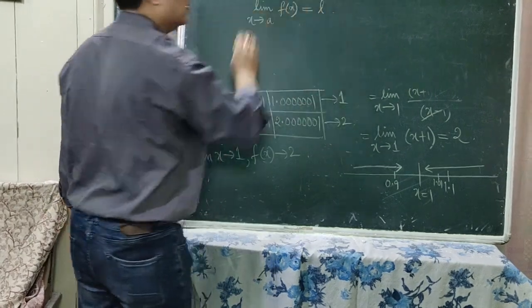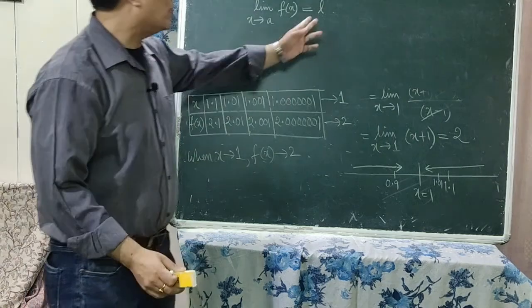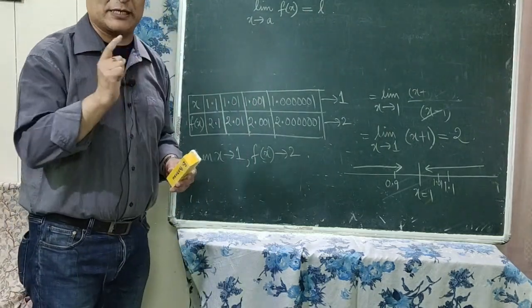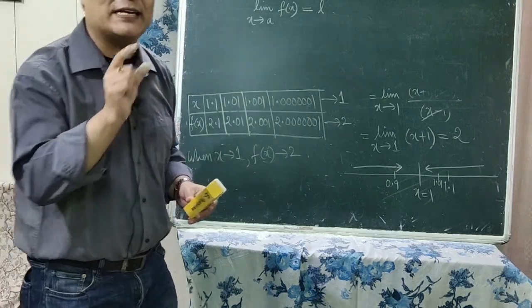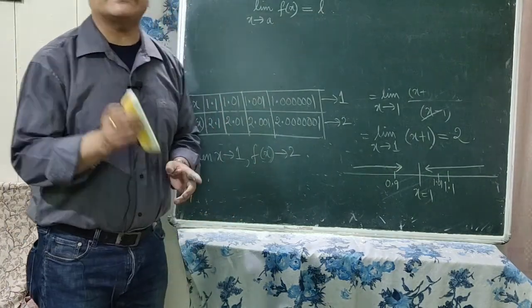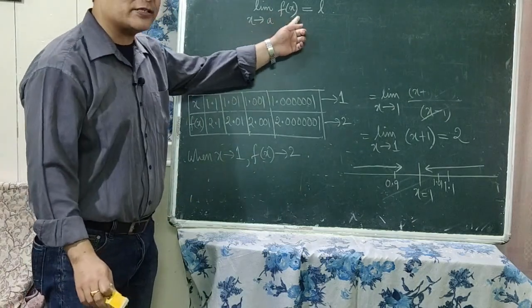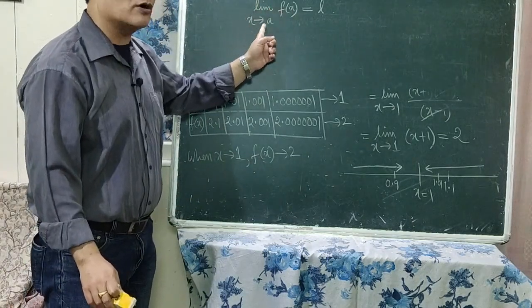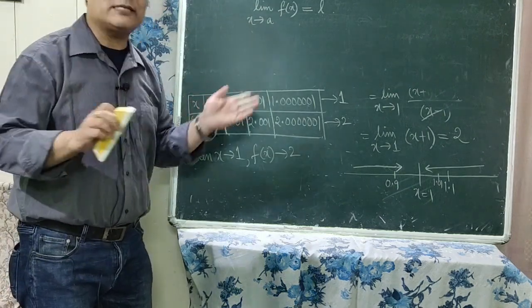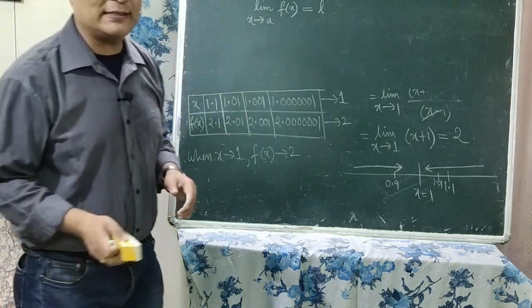Suppose it is l. So l is said to be a finite limit. Finite limit means defined limit, defined value. L is said to be the finite limit of the function f of x when x approaches a constant quantity a from either side, either from the left hand side or from the right hand side.